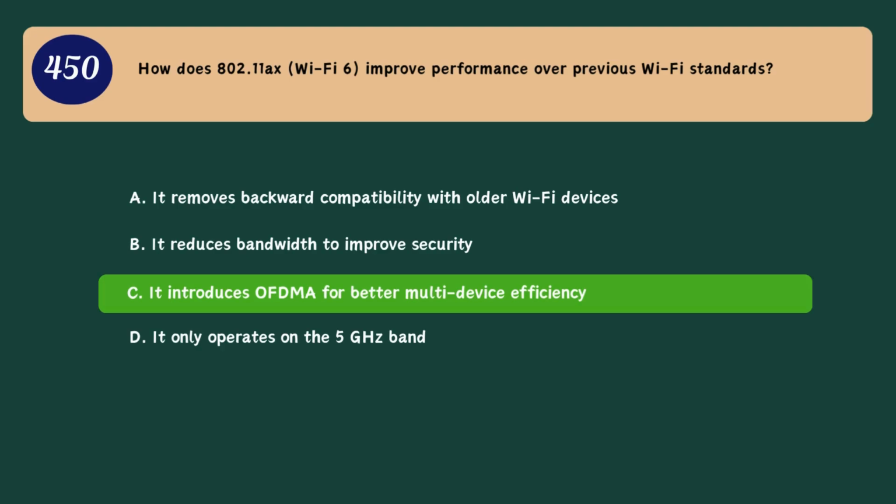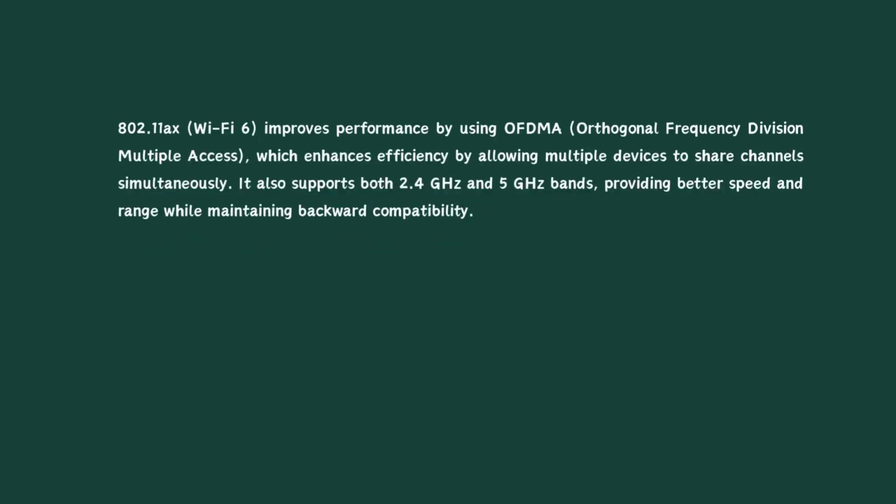Correct answer: C. It introduces OFDMA for better multi-device efficiency. 802.11ax Wi-Fi 6 improves performance by using OFDMA, orthogonal frequency division multiple access, which enhances efficiency by allowing multiple devices to share channels simultaneously. It also supports both 2.4 GHz and 5 GHz bands, providing better speed and range while maintaining backward compatibility.